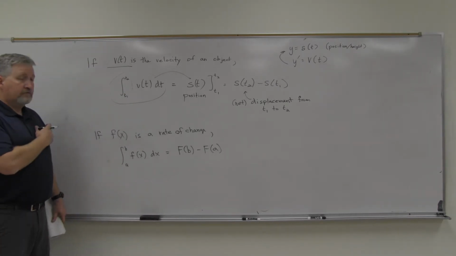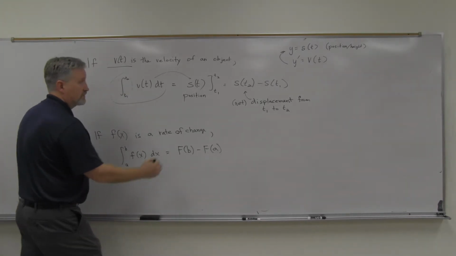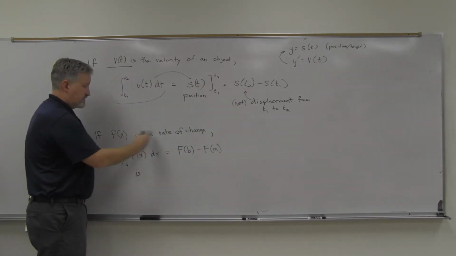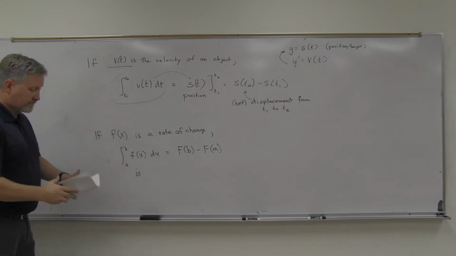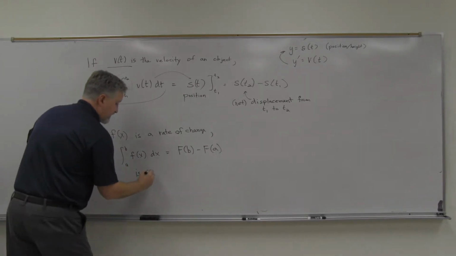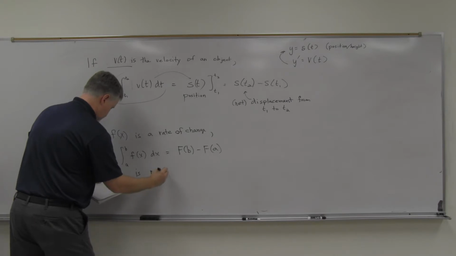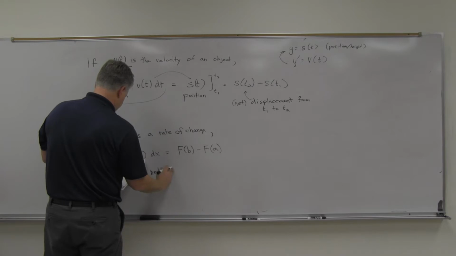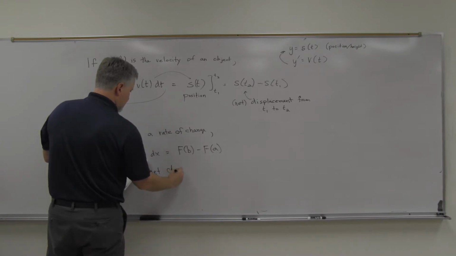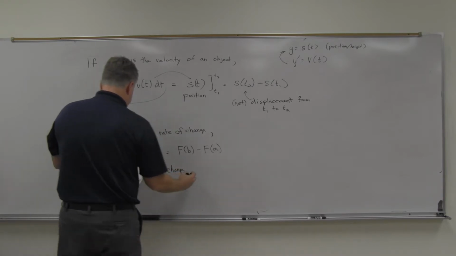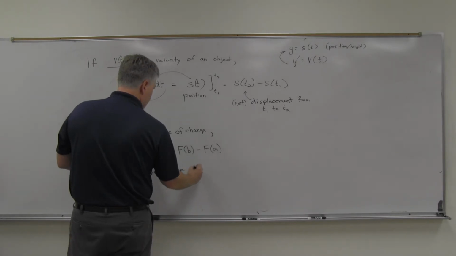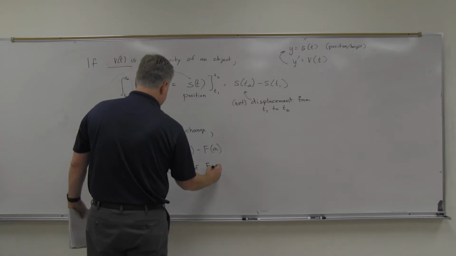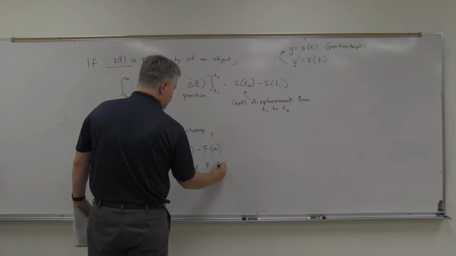What that gives you, using our example here, if that's a rate of change, is the net change of big F, whatever it is, from a to b.